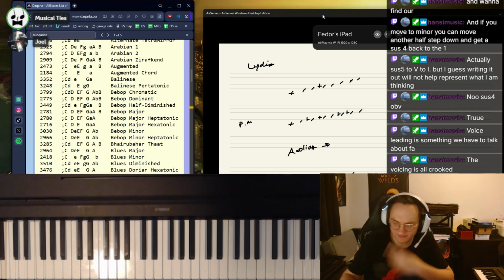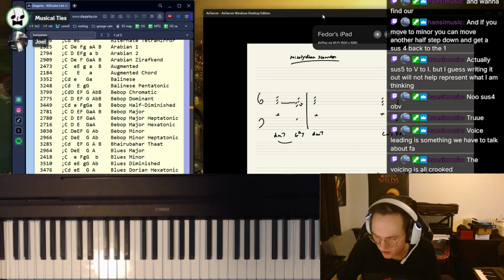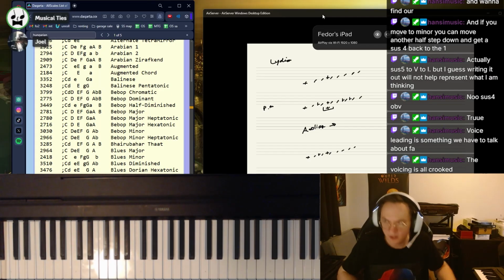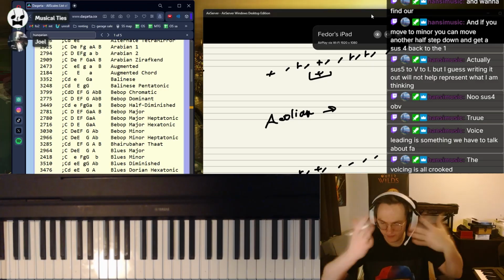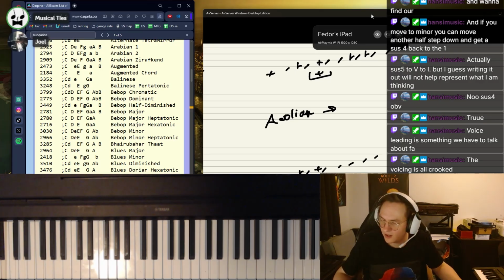Okay, so let's say that we're only introducing the lowered third. But of course, lowering the third in Lydian is going to create an augmented whole step, which is obviously going to cause, what's it called, this augmented step. The augmented step ruins it.